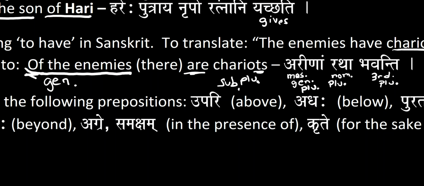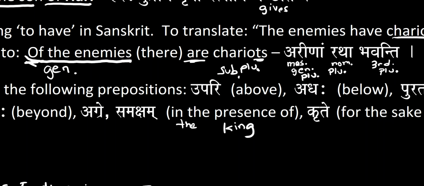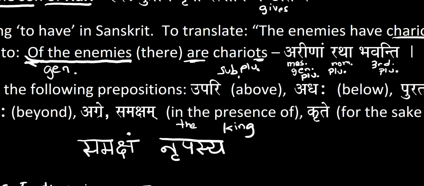Now I'll give you an example. So, in the presence of. Let's say we want to say in the presence of the king. We would want to use samaksham nripasya, and I have it written here, samaksham nripasya. Nripa is a masculine noun that ends with a. It is declined to nripasya. This is genitive singular.